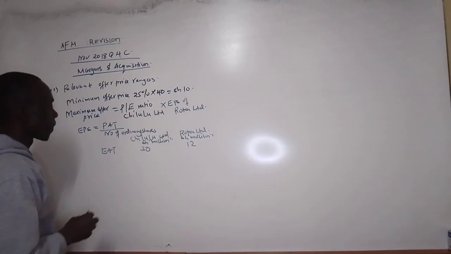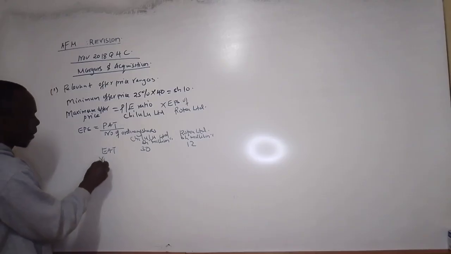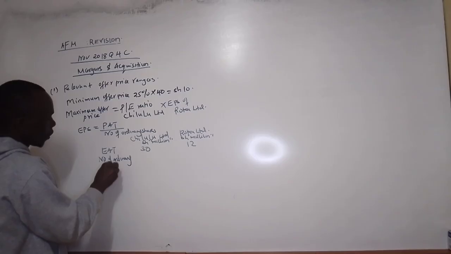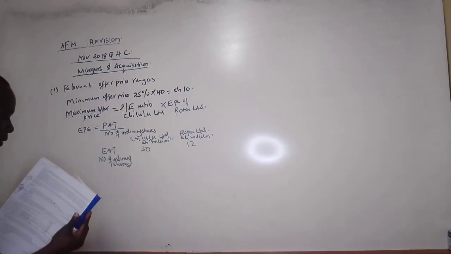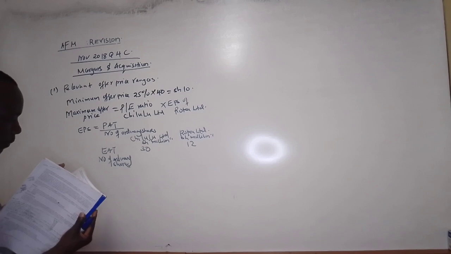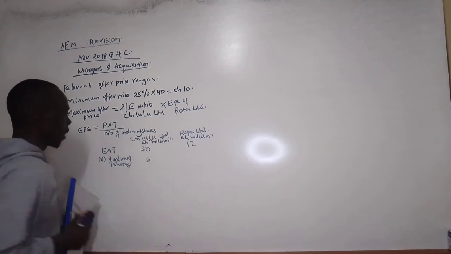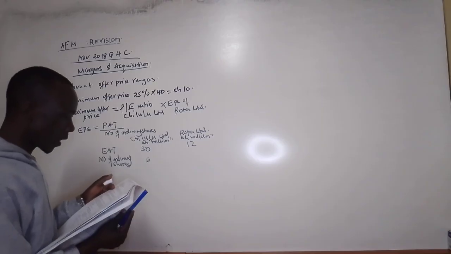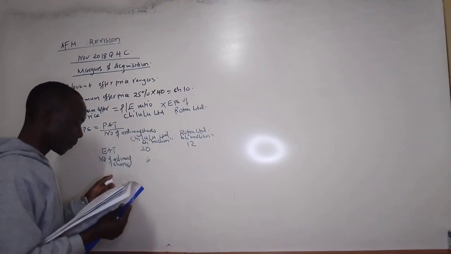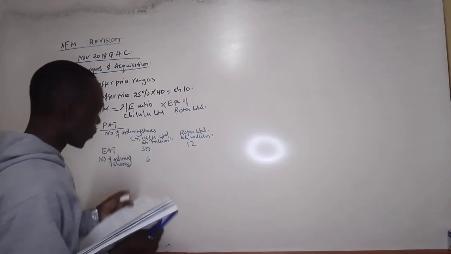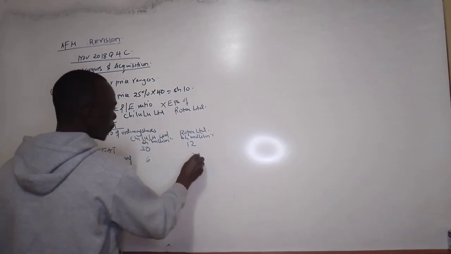So therefore, let us have the number of ordinary shares. How many shares do we have? Here we have 6, and the other one we have 6, and here on the other side we have 2.